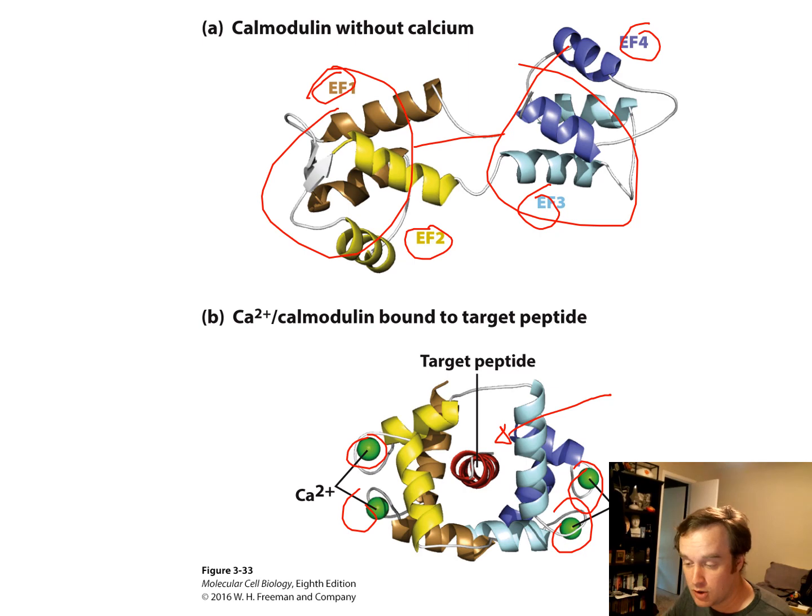Specifically, it will wrap around alpha helices of a target peptide, and it will then alter the function or activity of that target peptide. So calmodulin senses changes in the cytoplasmic calcium. It binds that calcium and changes conformation, and then tells another enzyme or protein that it needs to behave differently.